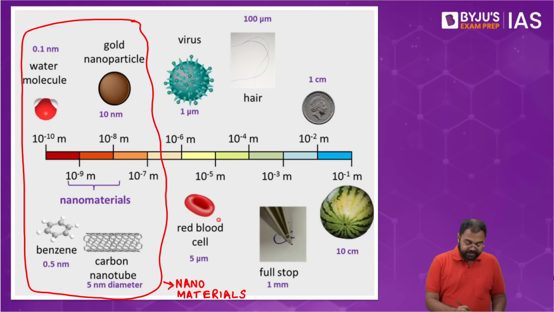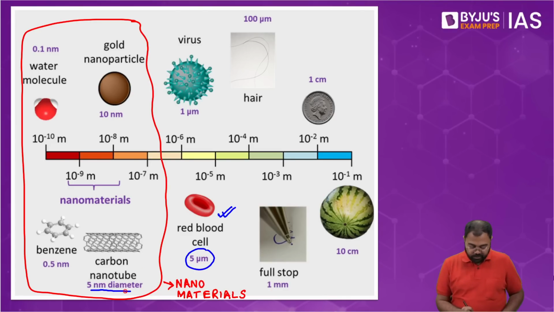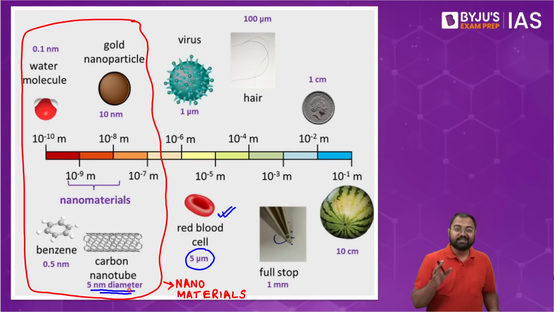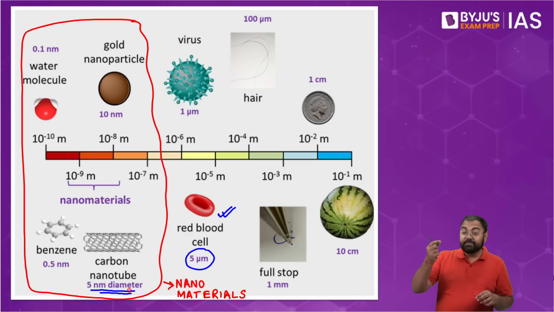They are almost 5 micrometers. And what is the size of a carbon nanotube? Almost 5 nanometers. So you can say that it's almost 1000 times smaller, correct? Carbon nanotubes are almost 1000 times smaller than red blood cells. So that's why they can be carried inside the red blood cells, and that's why we are saying that they can be used for drug delivery.